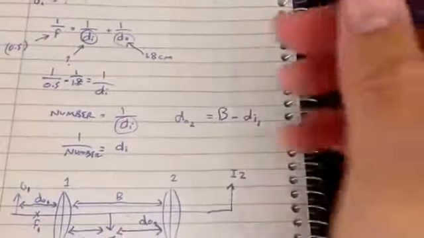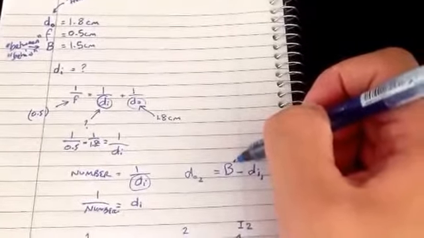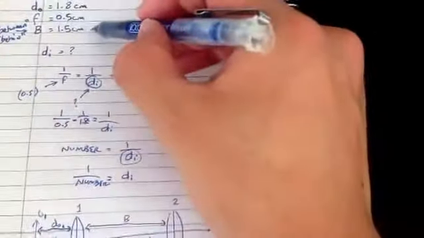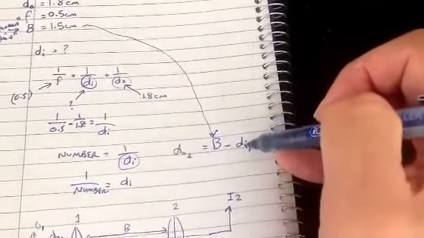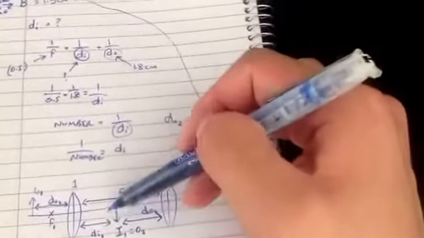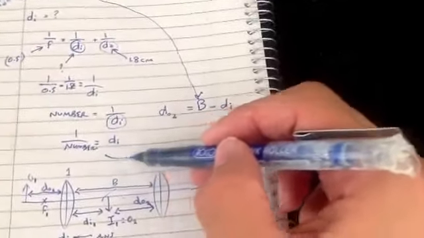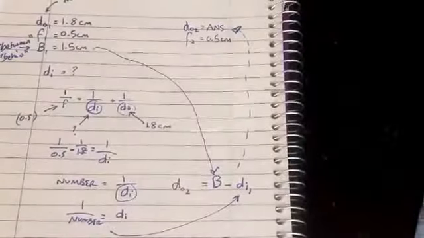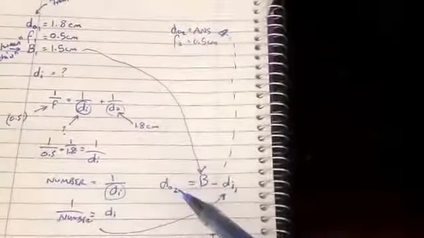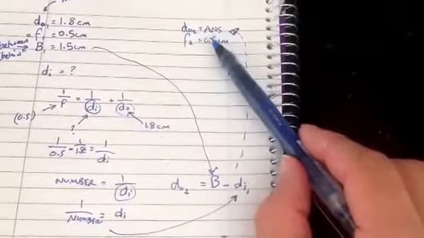So the distance between the two lenses, B, we said was 1.5, and the distance of the image for the first lens, this one here, we worked out over here. So that answer, you'll put that there, and then you'll get your distance for the object 2. And once you've got your distance for the object 2, you can write that on your list of numbers you have, that answer there.